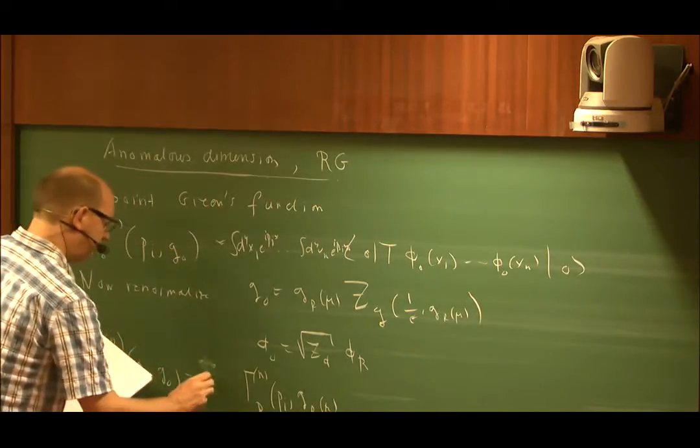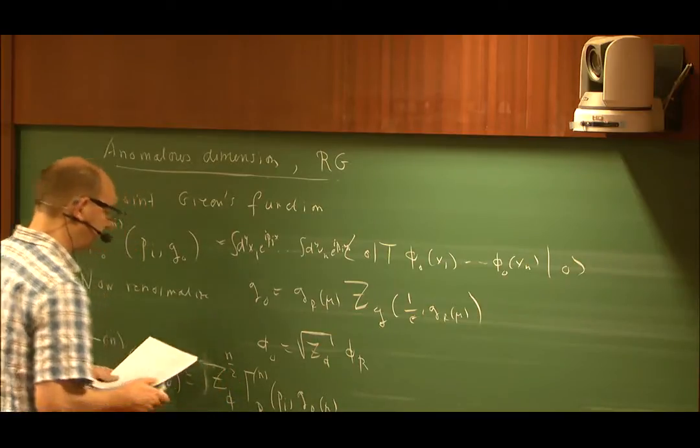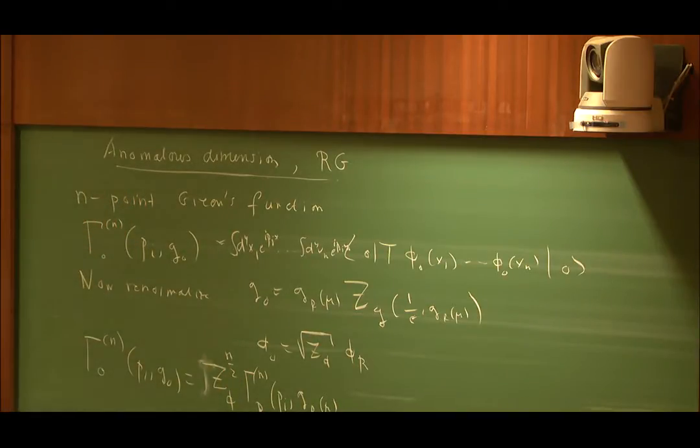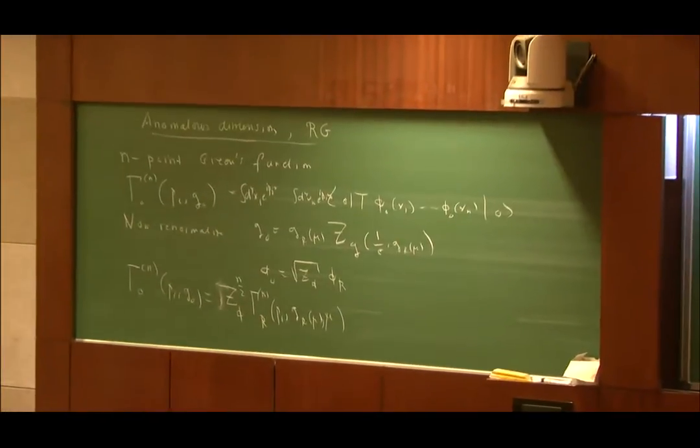But out in front sits Z phi to the power n over 2. And there may well also be explicit mu dependence from a log of something over mu.